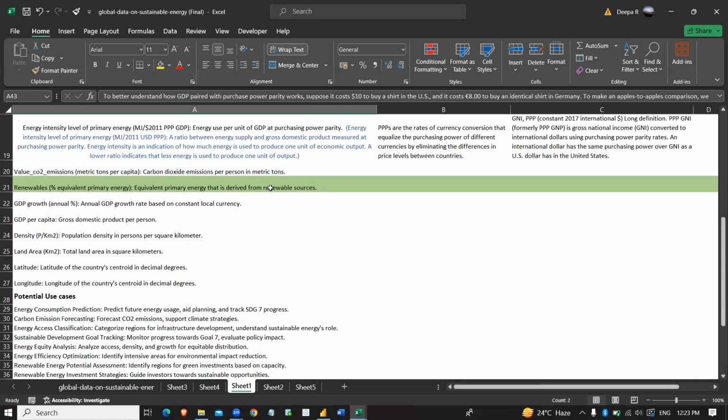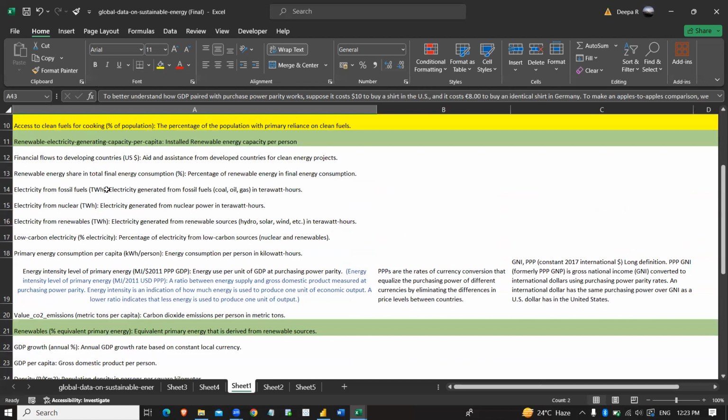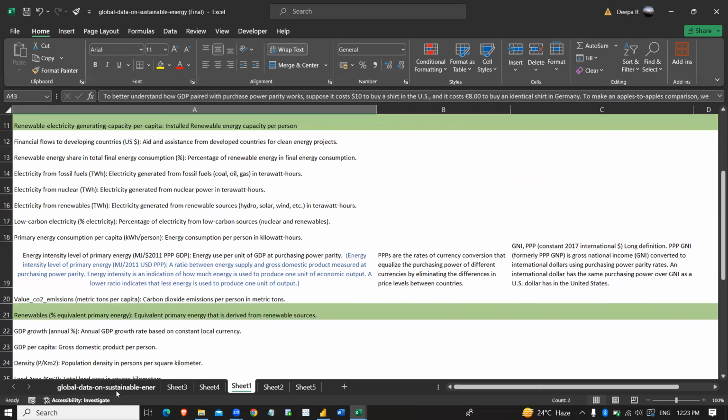This particular column I have removed since there was no proper data. 90% of the data was null, so I thought of removing this column. And then GDP growth, GDP per capita, density, that is population density in persons per square kilometer, land area, latitude, longitude. So all these different fields I had in my dataset.